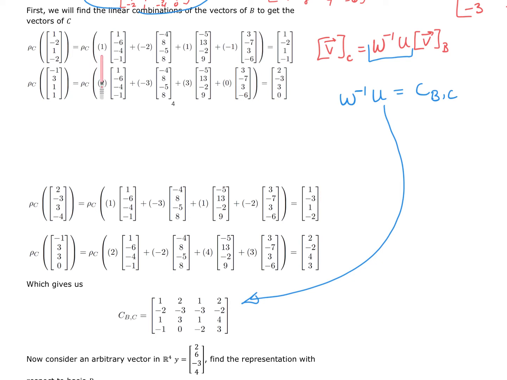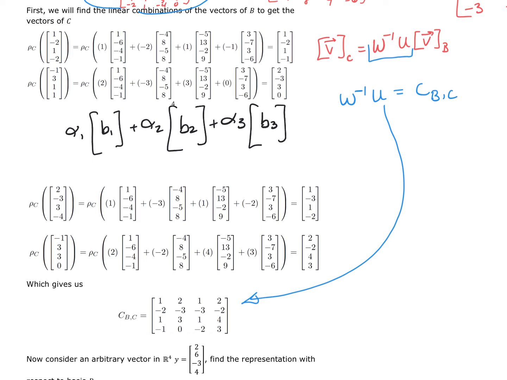As I found the linear combinations, this 1, -2, 1, and -1 is by doing the linear combination. So just as a reminder, another way I could have done this is I would have set it up as alpha 1 times my first B1 vector plus alpha 2 times my B2 vector plus alpha 3 times my B3 vector plus alpha 4 times my B4 vector.